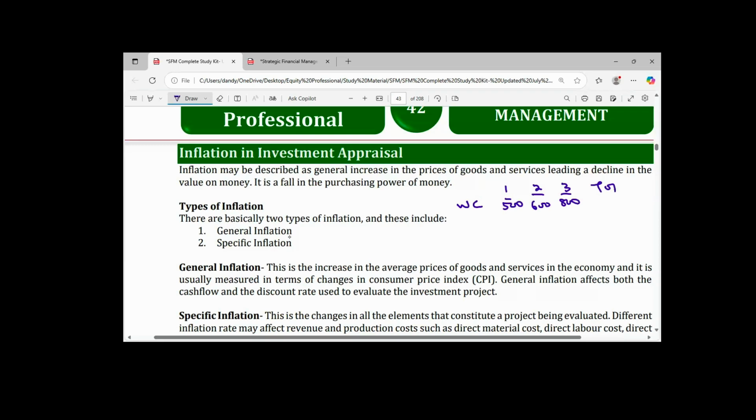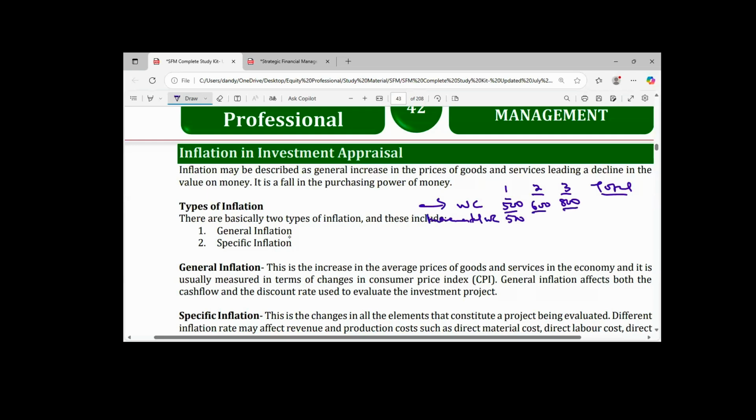All you need to do is to determine the incremental working capital. I will create another row for incremental working capital. The one that I'll call in year 1 still remains 500.